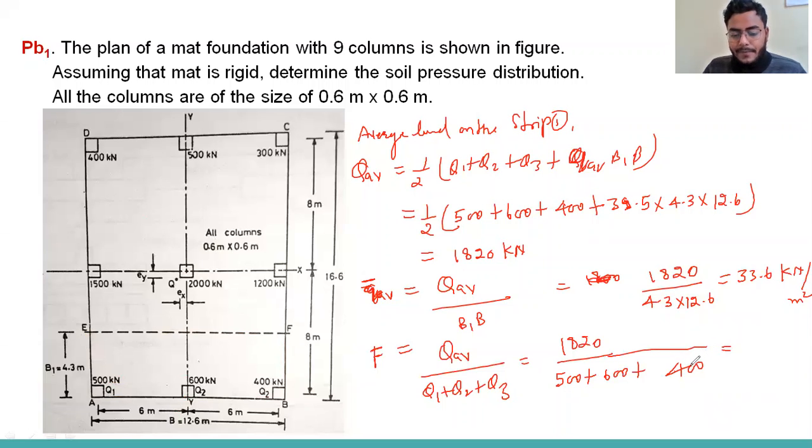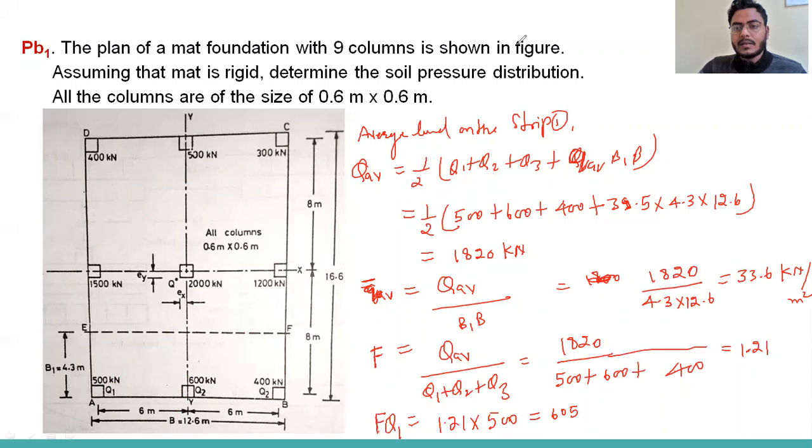We get F as 1.21. Now we can calculate FQ1, that is 1.21 into 500, which gives 605 kilonewton.